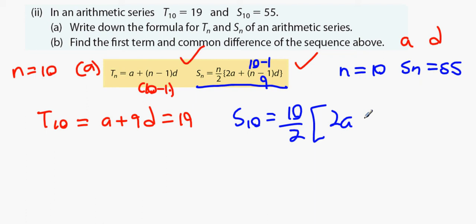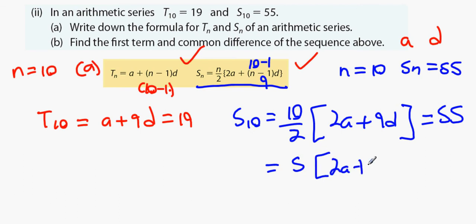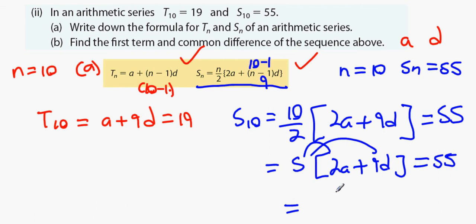So 2A plus 9D, close bracket, and all this has to be equal to 55. 10 over 2 is 5, so it's 5 multiplied by 2A plus 9D, and that equals 55. Multiply that out, and we get 10A plus 45D equals 55. And there's our second simultaneous equation.